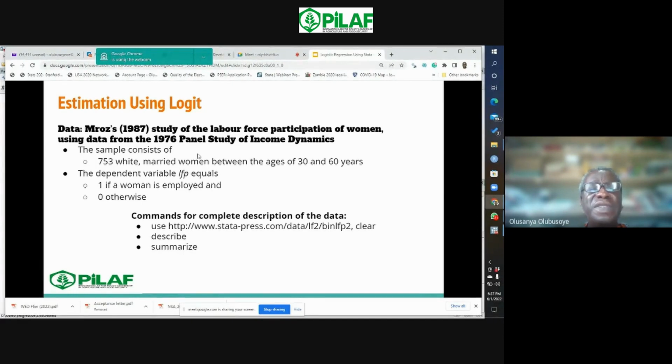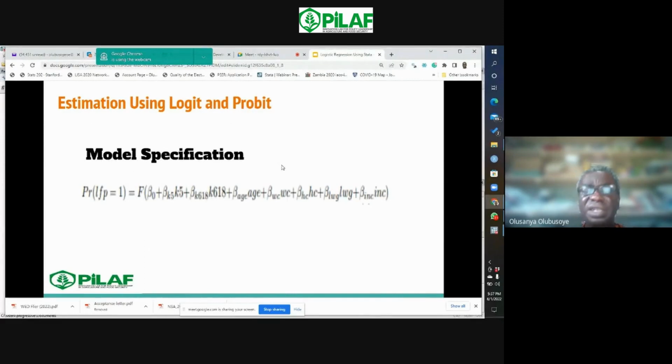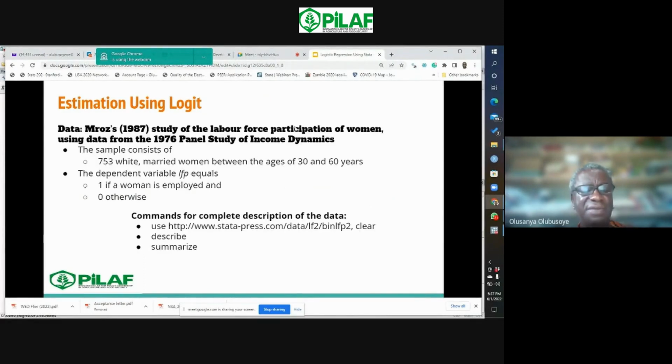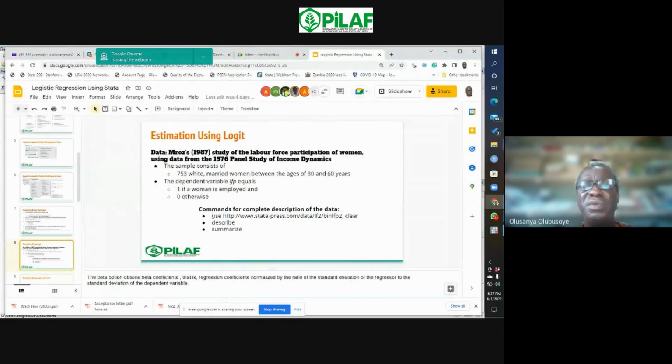The sample consists of 753 white married women between the ages of 30 and 60 years. We will be using the dependent variable labor force participation, which has 1 for a woman that is employed and 0 for a woman that is unemployed. You can easily get the data using this link.